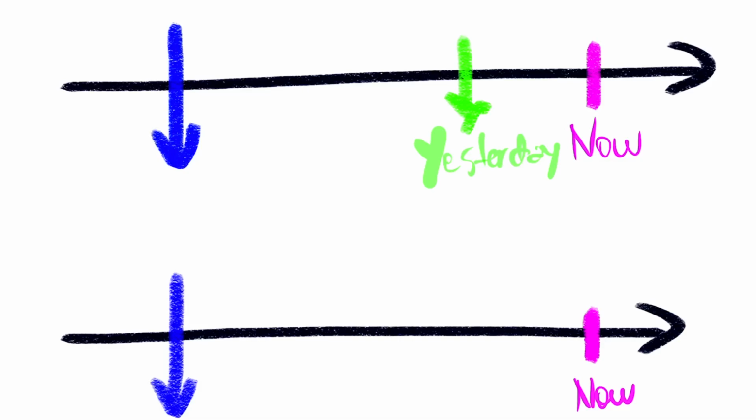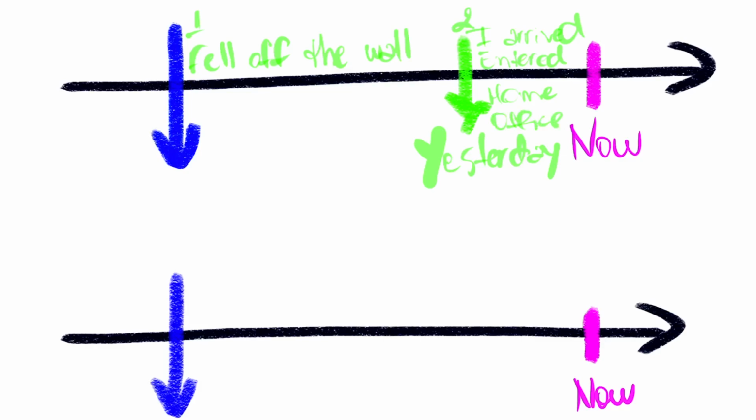So we have two events in the past. The first one, the picture fell off the wall. And the second event, I arrived, I entered my home office, whatever. Okay?